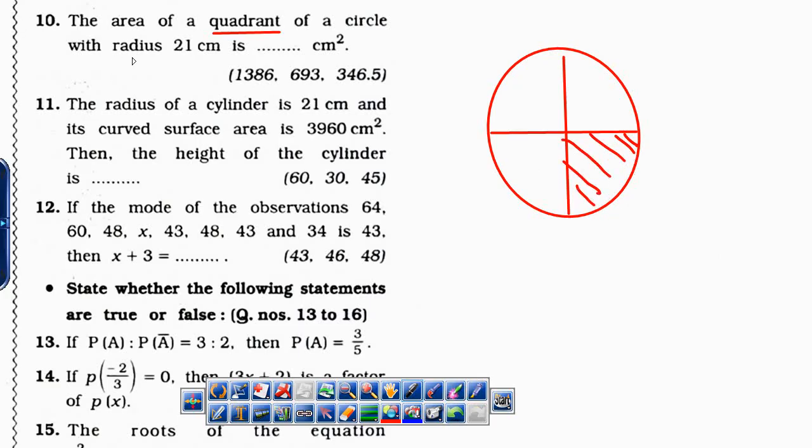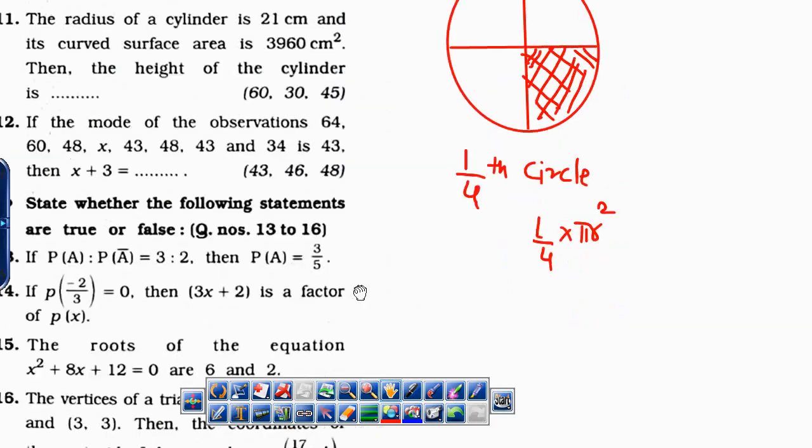The area of a quadrant of the circle with radius 21 is dash. If they ask the area of a quadrant, the shortcut is 1/4 of the circle's area, that is 1/4 into pi r square.